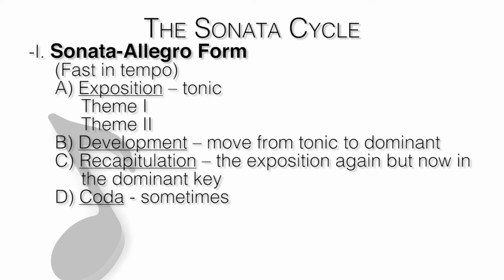And the development for the classic period basically served one purpose, to change the key. Then we go to the third section called the recapitulation. In the recapitulation, it is a rehearing of the exposition. So we hear the 2 themes again, but the change is that we're in a different key.